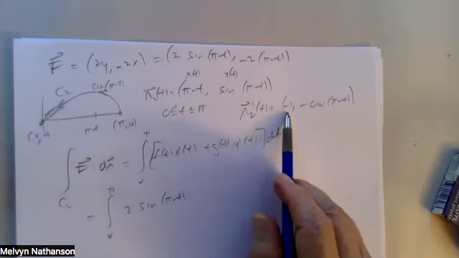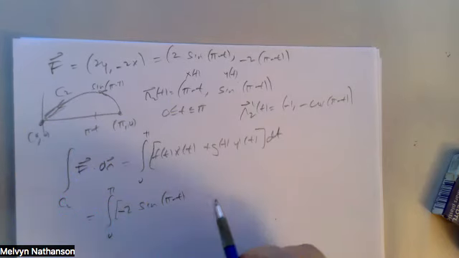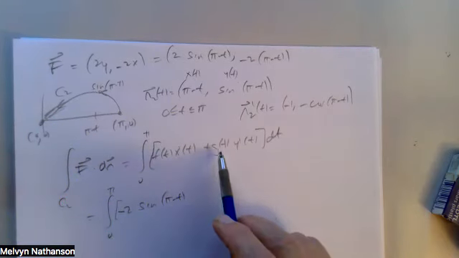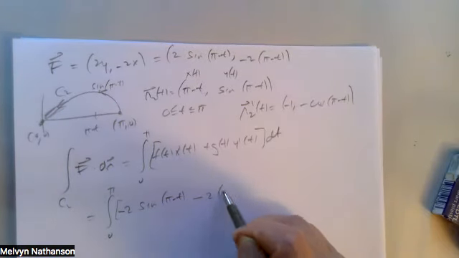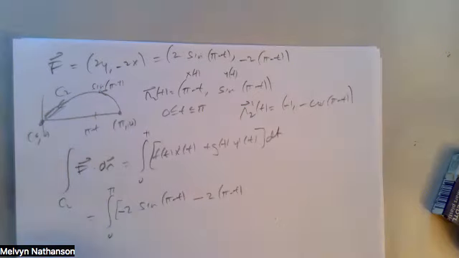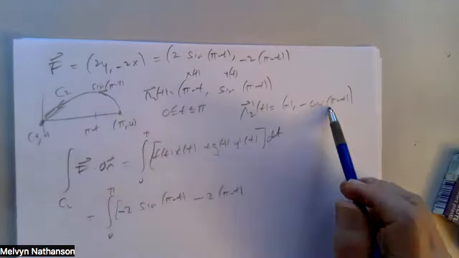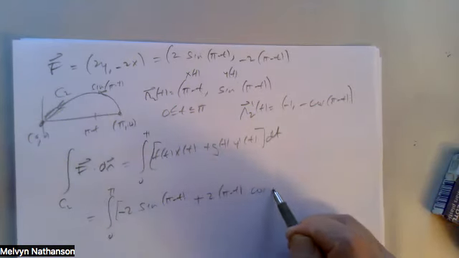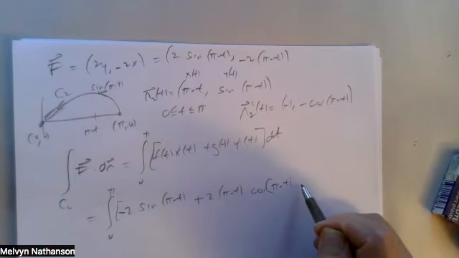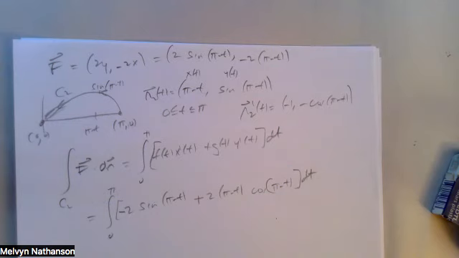X prime of t is minus 1, it's that minus sign. Plus g of t, which is minus 2 times pi minus t, times y prime, which is minus times minus, plus cosine of pi minus t, dt. So we have to do this integral.